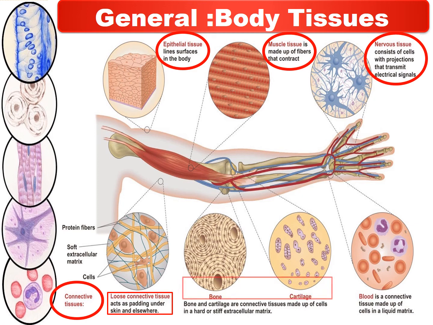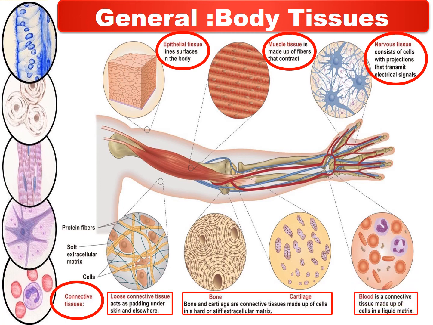Then the second and third ones are bone and cartilage, which are connective tissues made up of cells in a hard or stiff extracellular matrix. Then the fourth connective tissue is the blood, a connective tissue made up of cells in a liquid matrix, present in the closed circulatory system of the body.